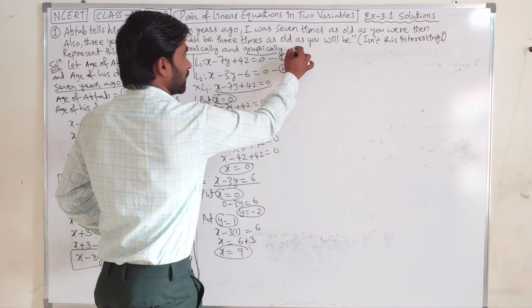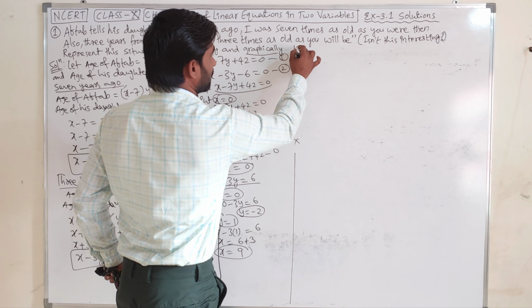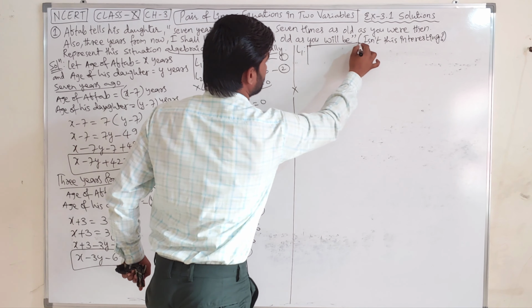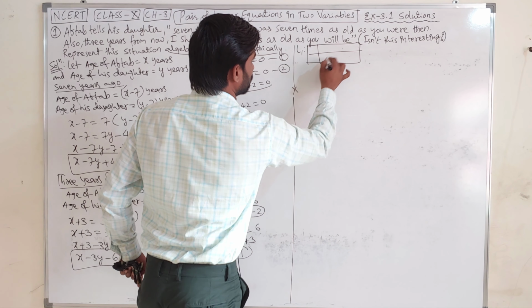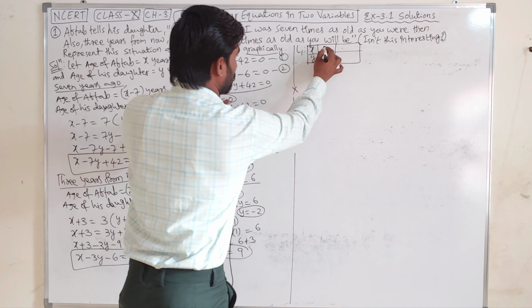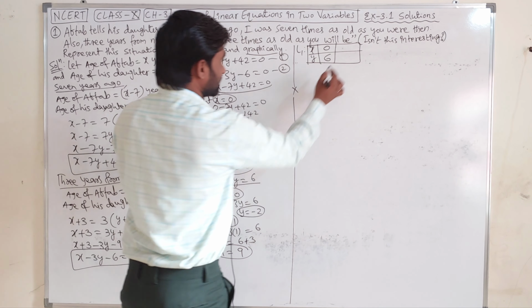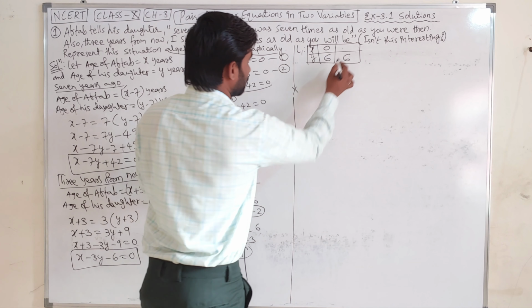So now these solutions we have to plot in the graph. For line 1, the two solutions are x, y. First, when x is 0, the y value is 6. When y is 6, the x value is 0.